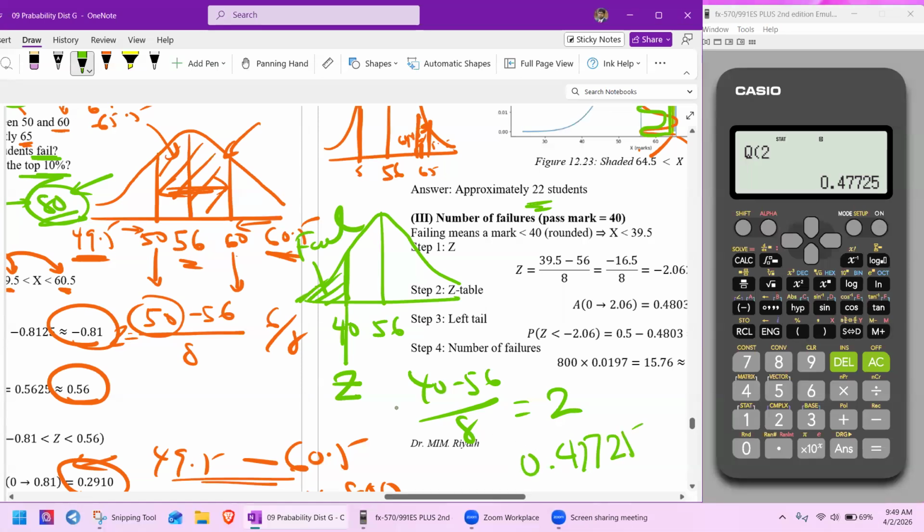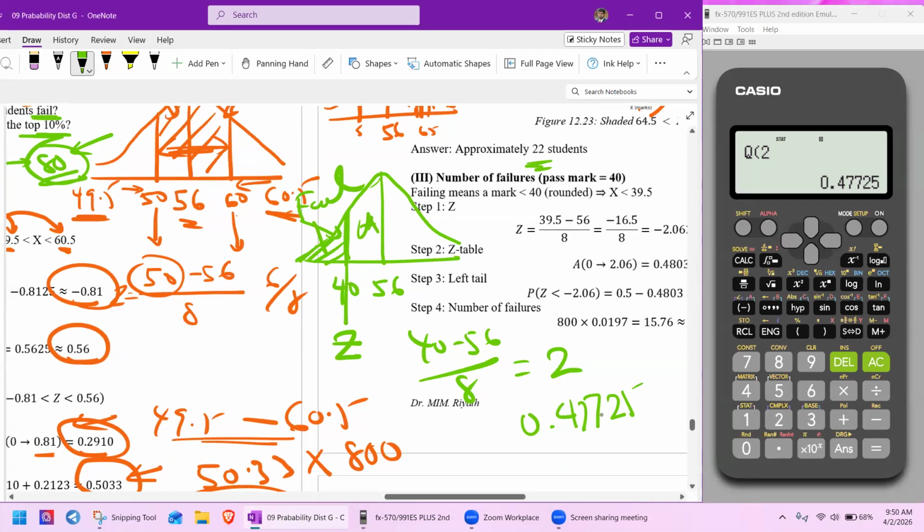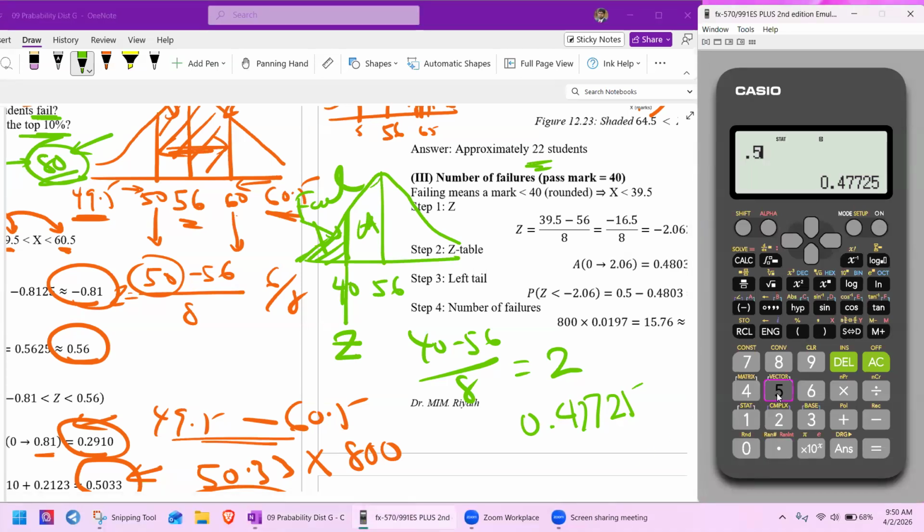We know that the total area to one side is 0.5. If we deduct this area from 0.5, then we can find the fail marks. So it is approximately 0.5 minus 0.4772, which is 0.0228.